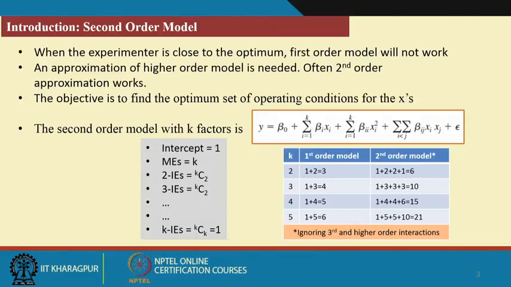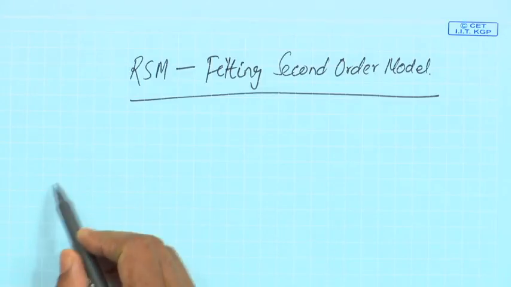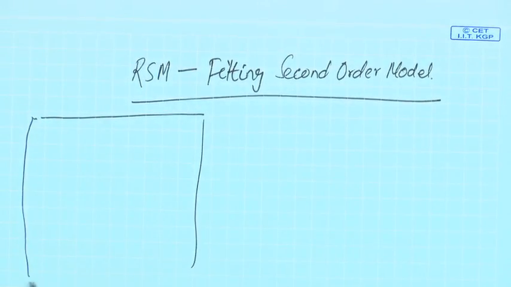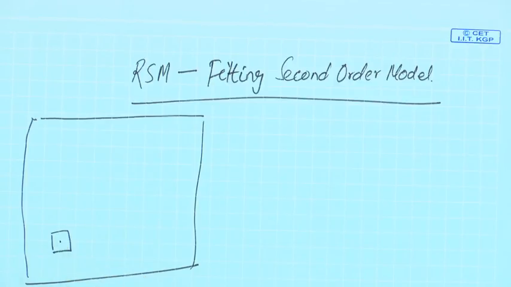If you recall, in the last but one class I discussed sequential experiments. We have the operating zone and you start experimenting somewhere here with first order experimentation.